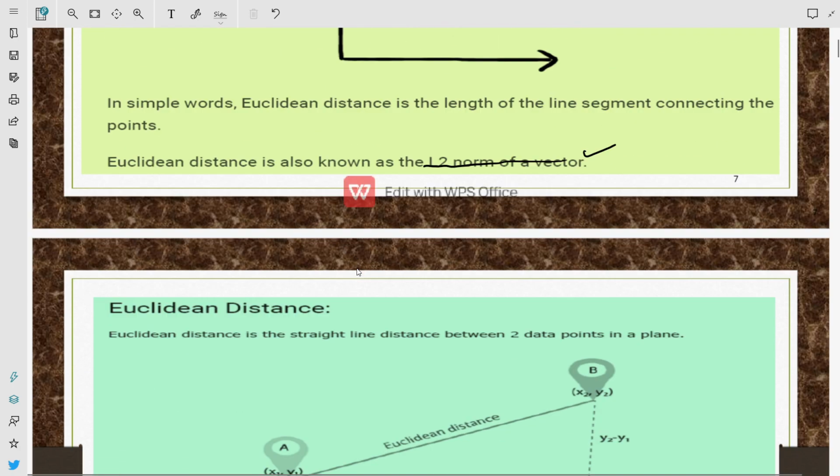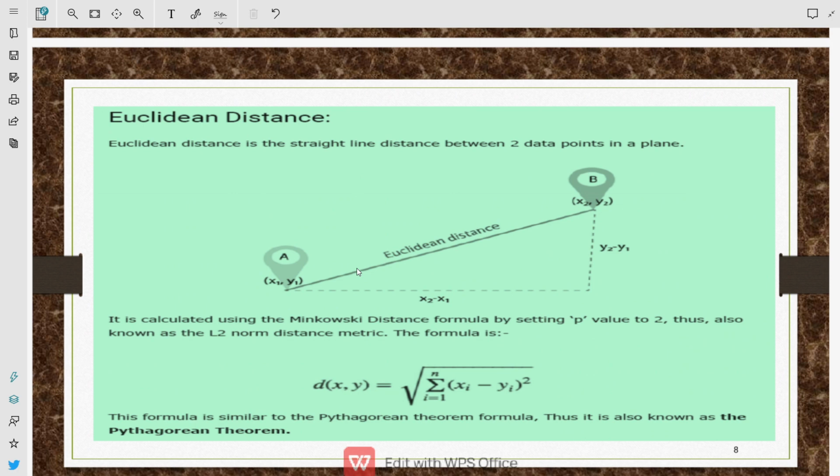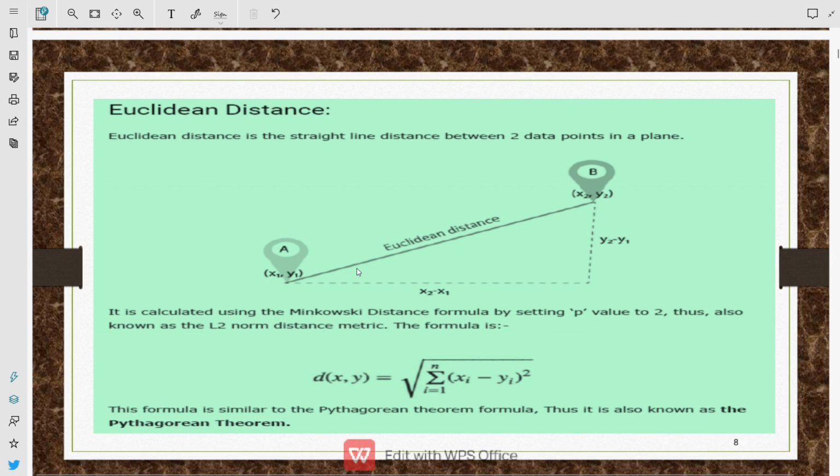Okay. As I told you in the previous slide itself, as we know, this can be found by using the Pythagorean theorem. You people may know about the Pythagorean theorem, right?